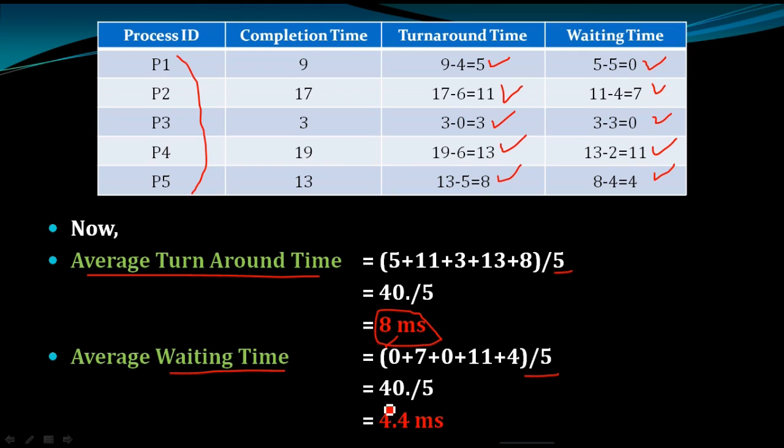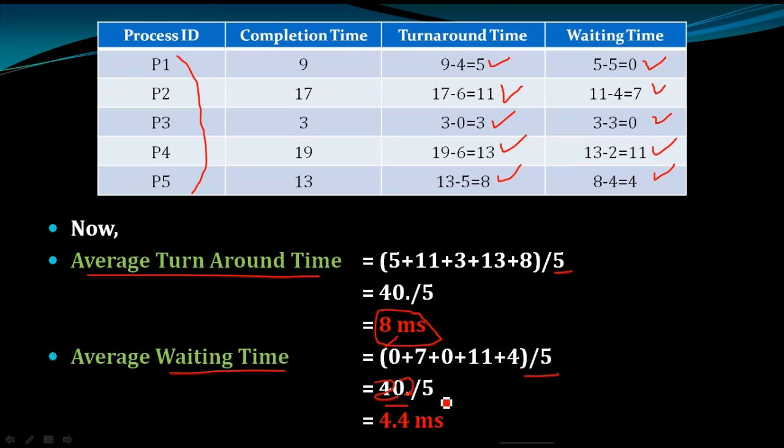I think that is wrong. 7 plus 11 is 18, plus 4 is 22. So 22 divided by 5. This is 22, not 40. So 22 divided by 5, 4.4 milliseconds is the average waiting time, right?